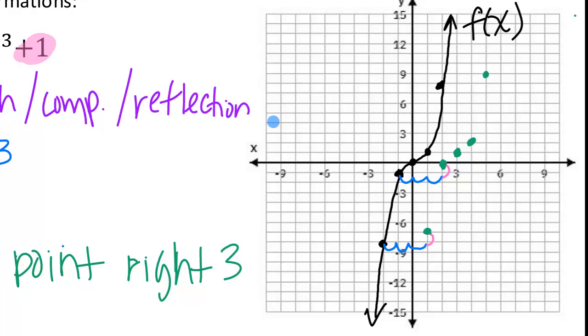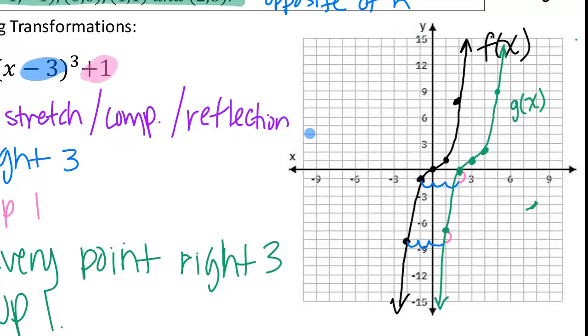And then once you have your 5 points graphed, then you're going to connect the curve again. So starting at the bottom, shift it a little bit more to the left. Go upwards and then end a little bit further to the right of the graph. And then the green one is g of x. So let me label f of x on the other side.